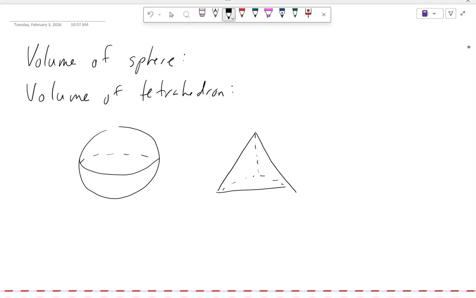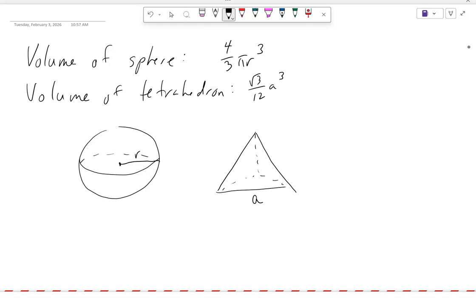All right, so for a sphere, to figure out its volume, we need its radius. For a tetrahedron, to figure out its volume, we need its side length. Those most likely are not the same. Could be, but probably not. For a sphere, the volume is 4/3 pi r cubed. For the tetrahedron, it's square root of 3/12 a cubed or something like that.